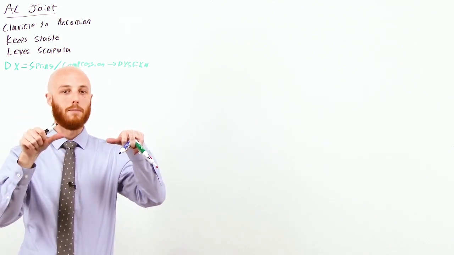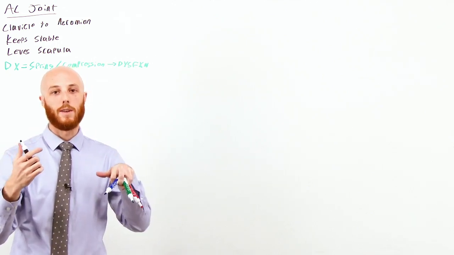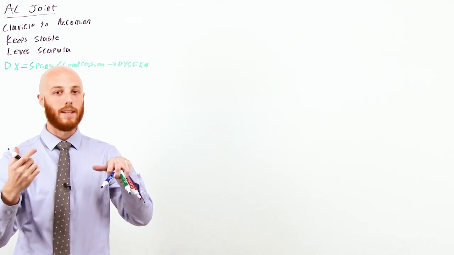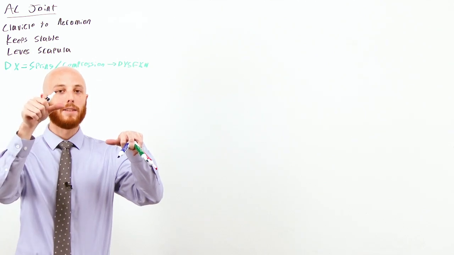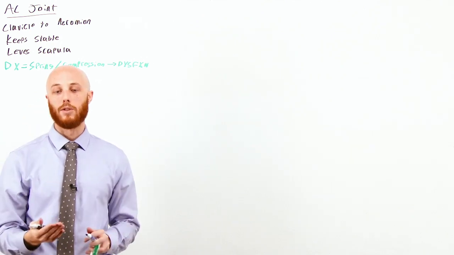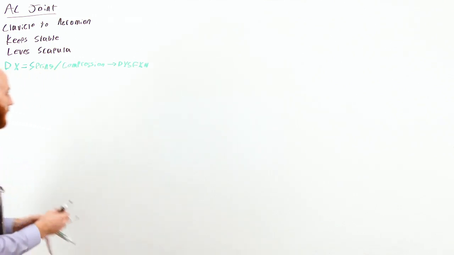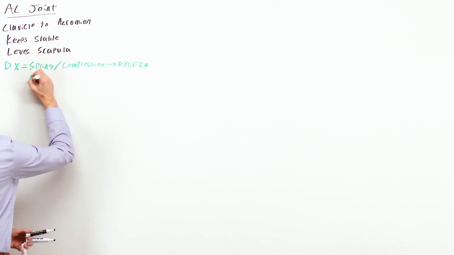You always name it based on the dysfunctional side. So in this example, let's say that you had a right dysfunctional AC joint and you notice that the right scapula is higher than the left. That means that you have a right superior AC joint dysfunction. So the next step is to measure the scapular spine.